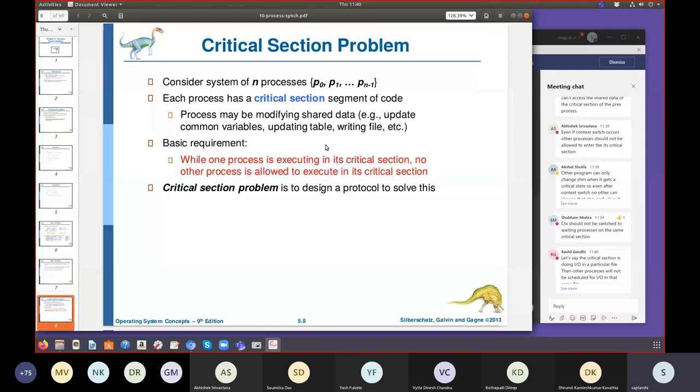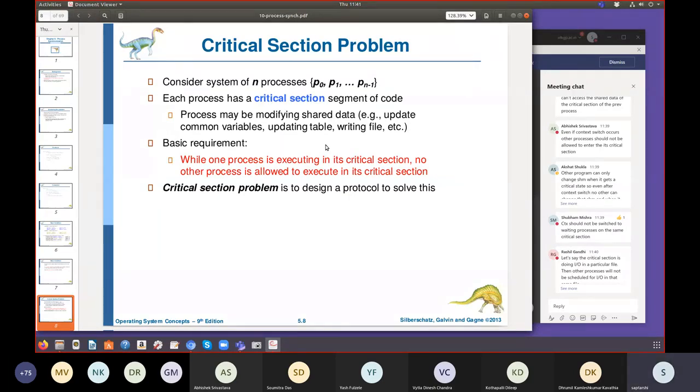So we will allow context switches, but with this restriction: even if a context switch happened and PI was removed from the CPU, and PJ was allocated the CPU, PJ will not be allowed to access the shared variables which it shares with PI, because PI was in its critical section.